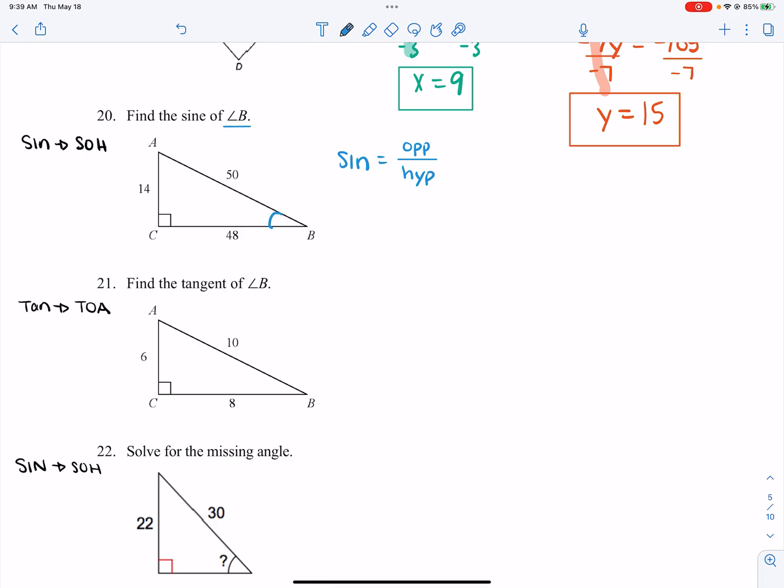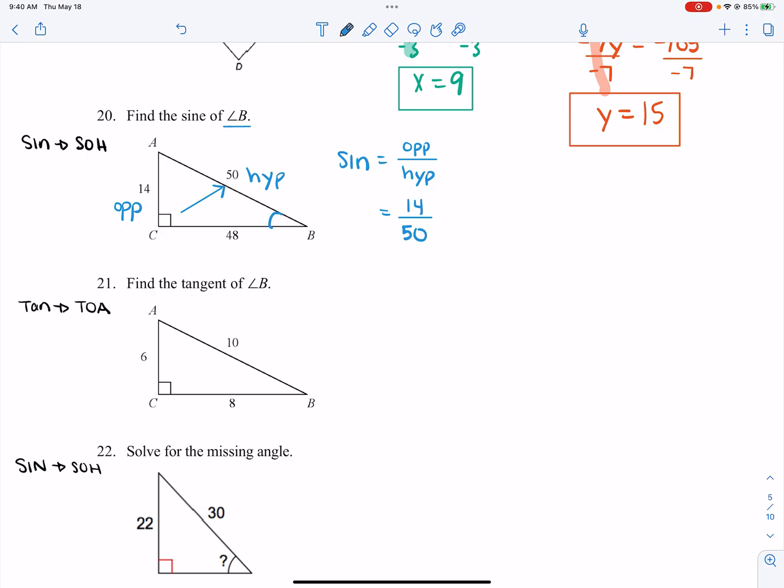Your hypotenuse is always across from the right angle. And then from angle B, opposite would be away from it, across from it. So that's my 14. So that means that this is equal to 14 over 50.